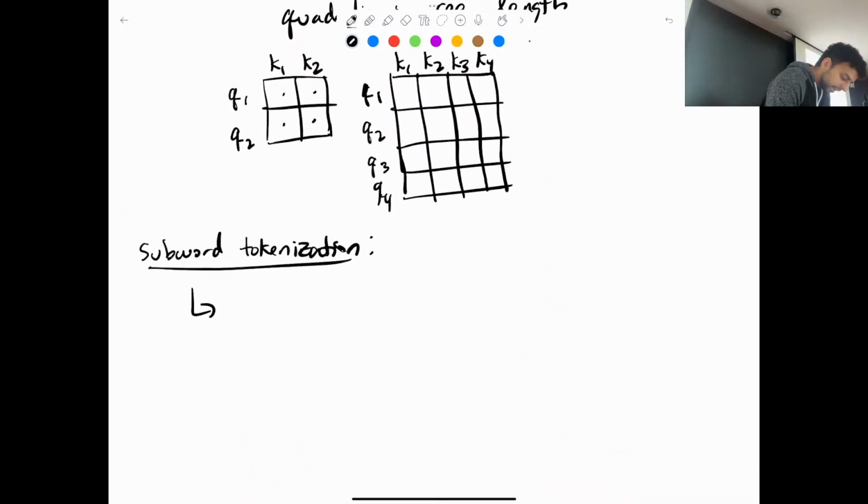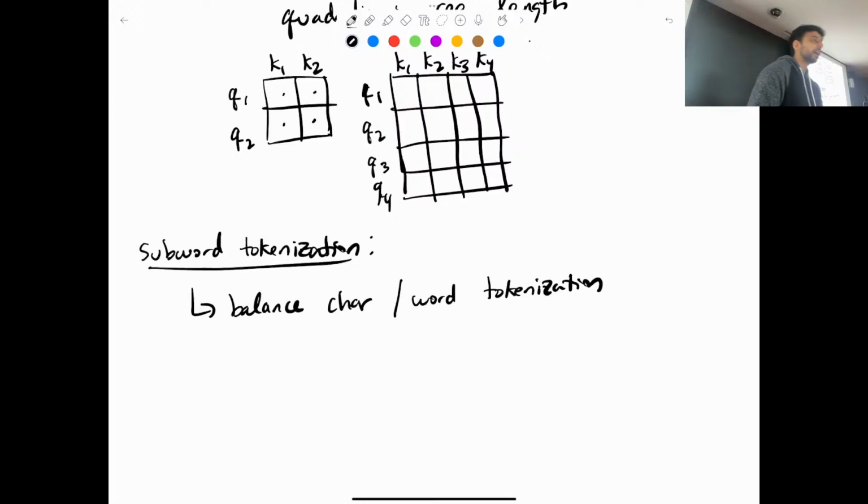So the goal here is kind of to balance character and word tokenization. So words have too many out-of-vocabulary issues. It's also hard to even define what a word means and what a word should be, and you have all these rules and stuff like that.